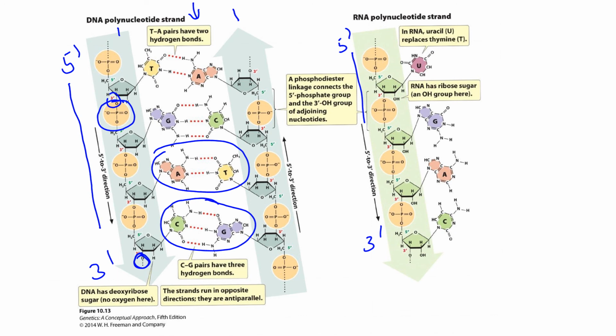So if you have DNA and you need to denature it, you want to break apart two strands, you will need a higher temperature, more energy to break it apart if it contains more cytosine-guanine pairs than if the DNA molecule contains more thymine-adenine pairs.